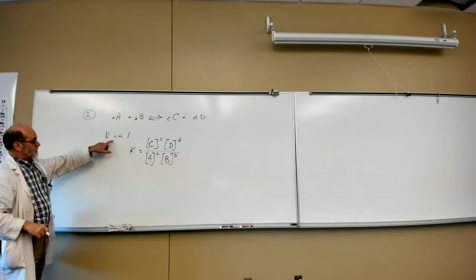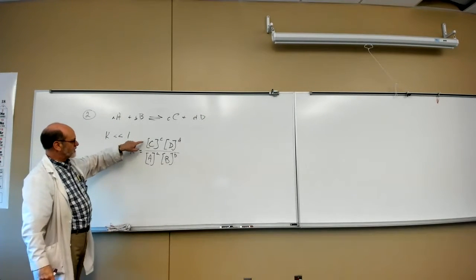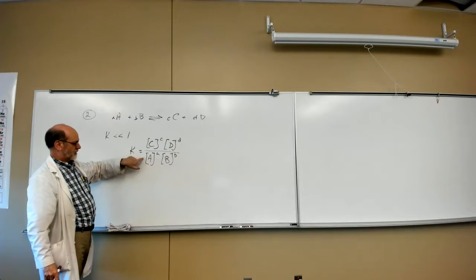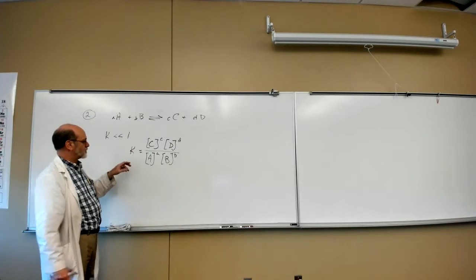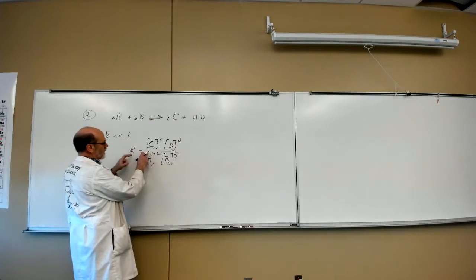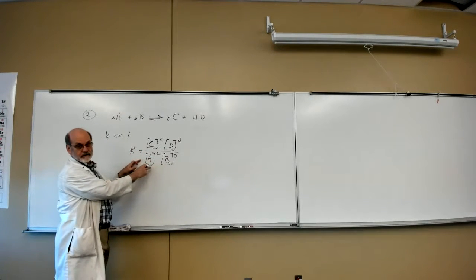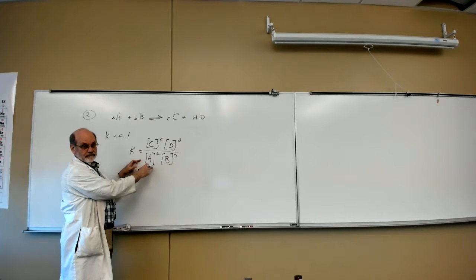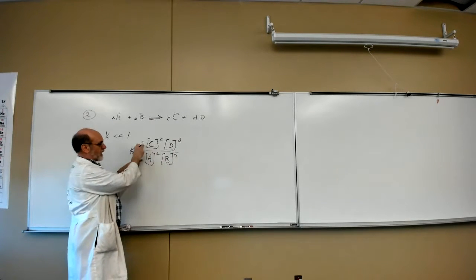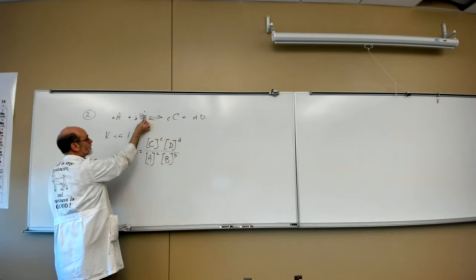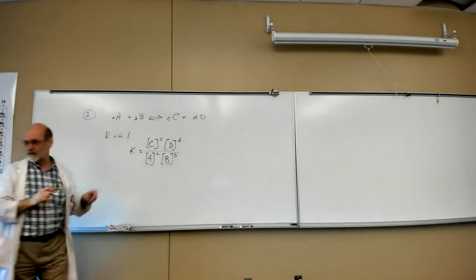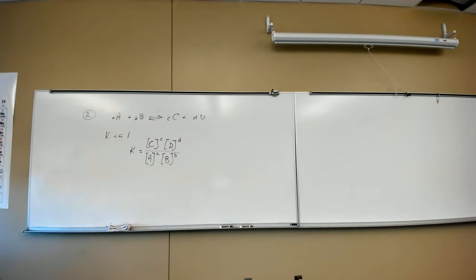Then what that means is that this is very small compared to that. So we can say this is large, that's small, which means the equilibrium favors reactants. They're large and not products. So the equilibrium position is going to be on this side. Okay, that's our starting point. That's what that means.